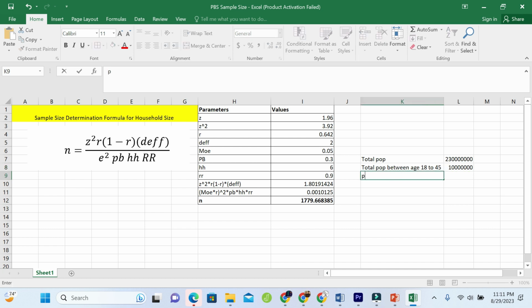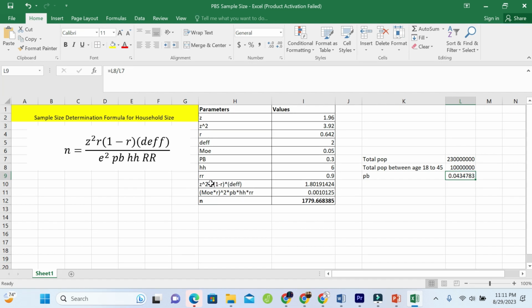PB is equal to the target population divided by total population, so it is around 0.04. So this is the formula: Z square into R into 1 minus R into design effect, and this is divided by the margin of error squared, then PB, and then household size, and then RR.